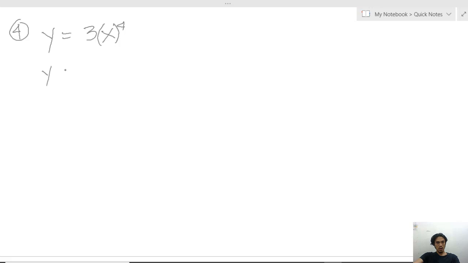So for y prime, this is equal to 3 times the derivative of x raised to 4 with respect to x.